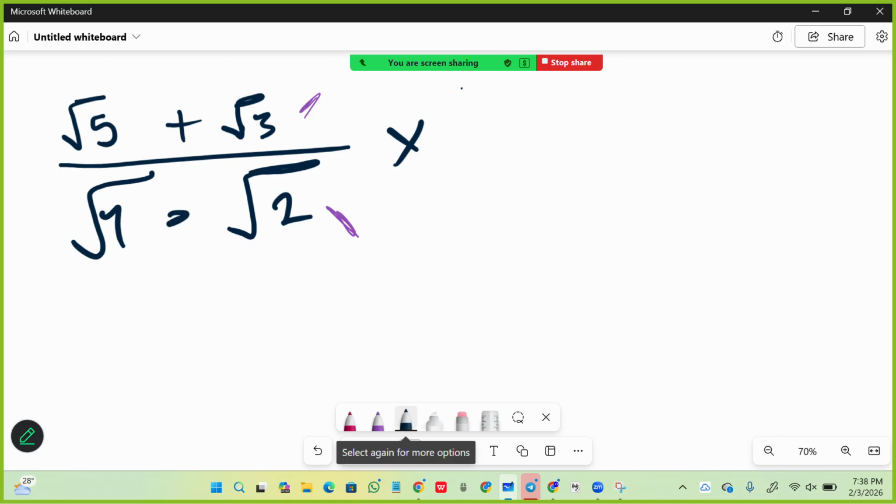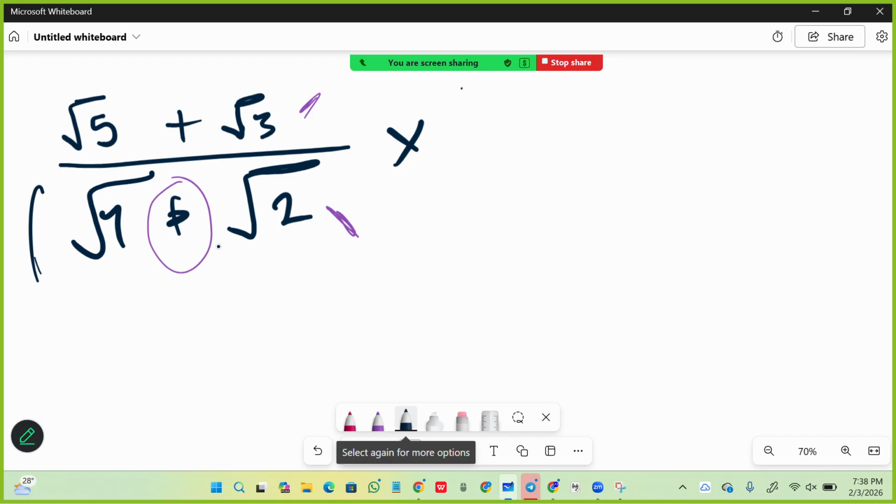For us to rationalize, what we need to do is find the conjugate of this base, and the conjugate is simply changing this minus to plus. But if there was a plus there before, we'll change the plus to minus.